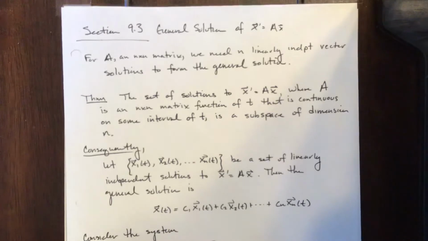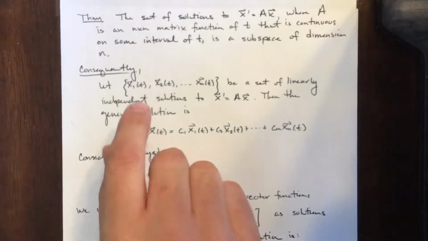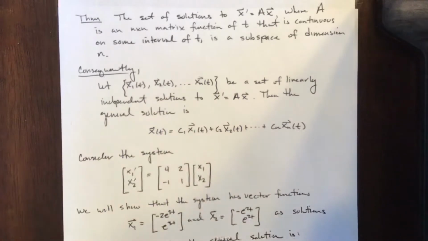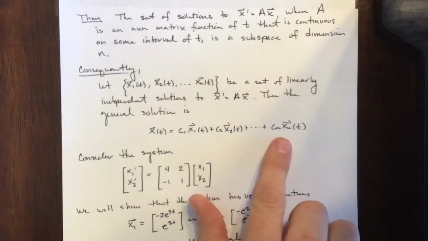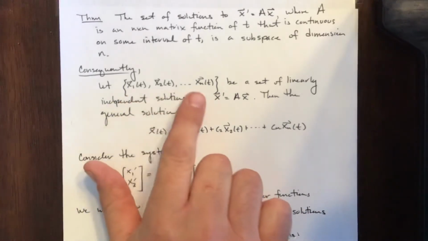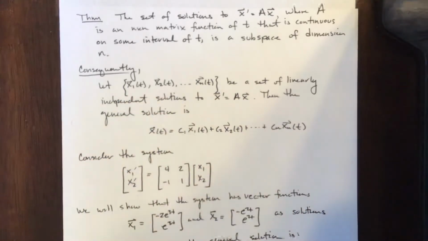Consequently, if x1, x2, through xn form a linearly independent set of solutions to x prime equals Ax, then the general solution takes this form. Think of these as a list of vectors, but instead of vectors whose entries are all scalars, think of them as functions.